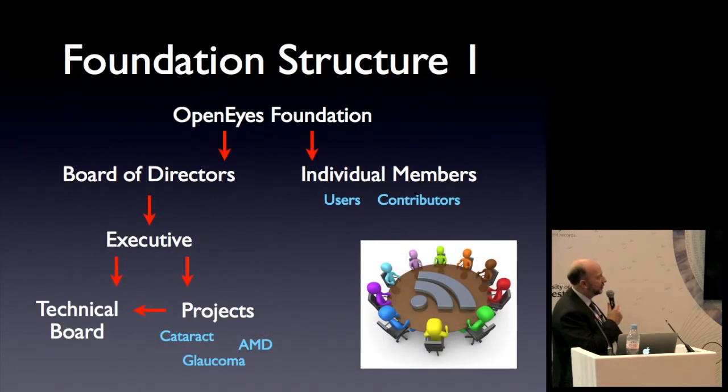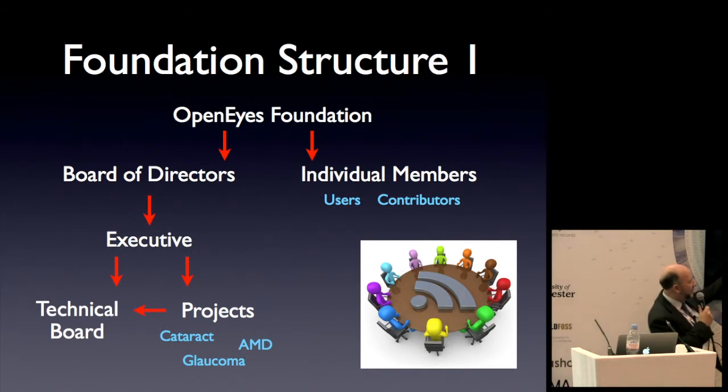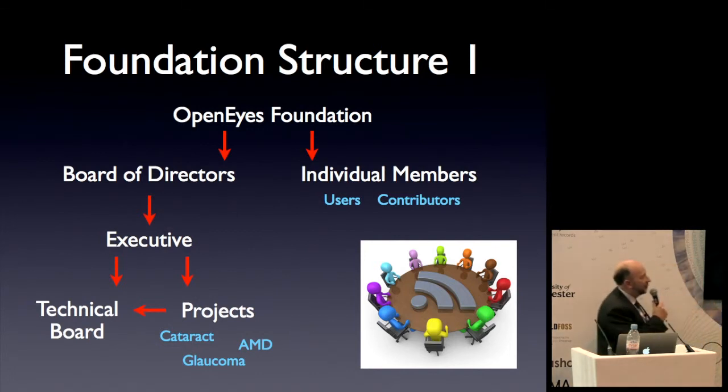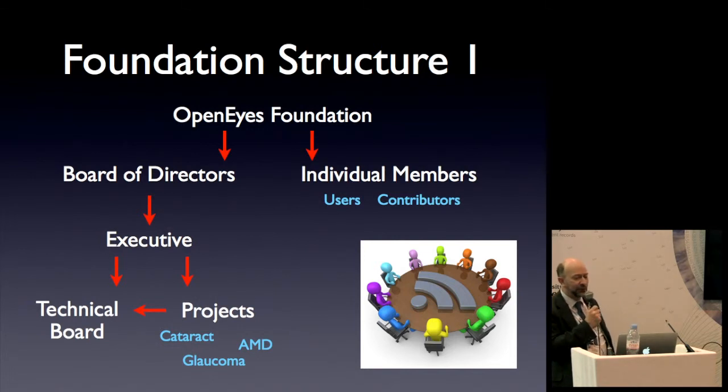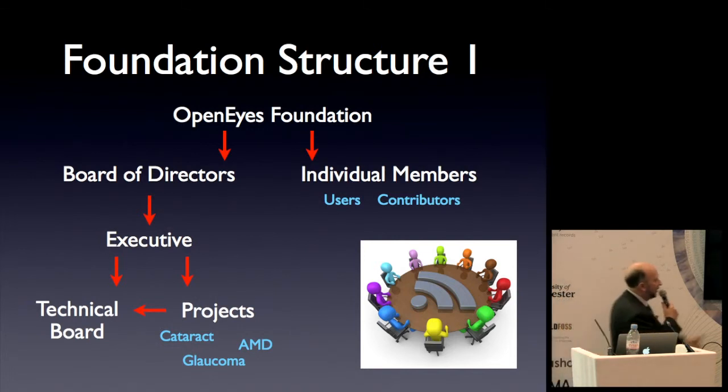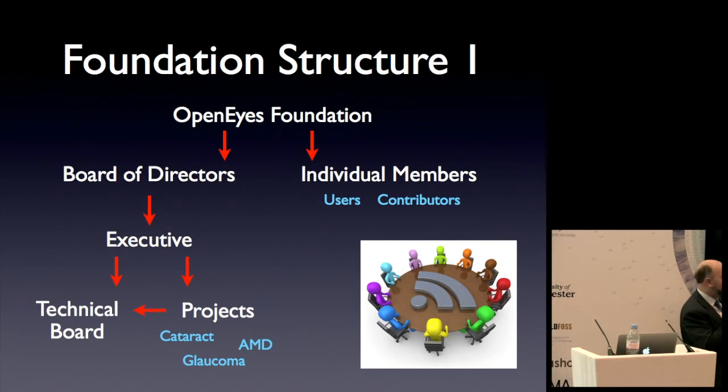Now, we manage it through a standard structure, so a board of directors and executive, and a technical board, to make sure it's going in the right direction. The key thing here is that individual members are part of it. They are the most important side of the whole piece. They get involved in these projects down here.